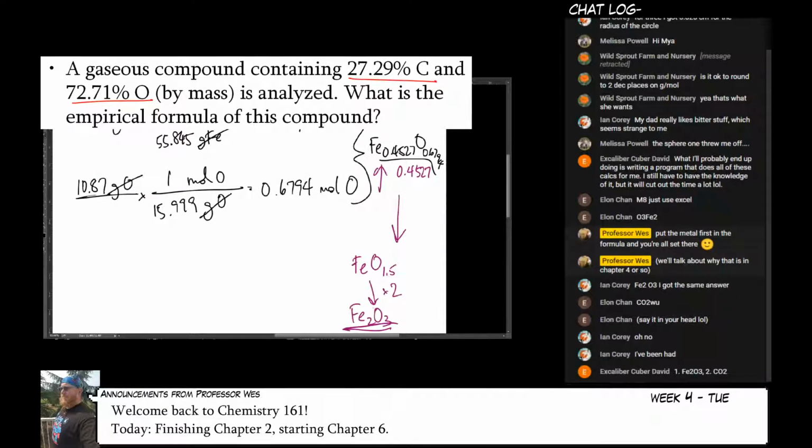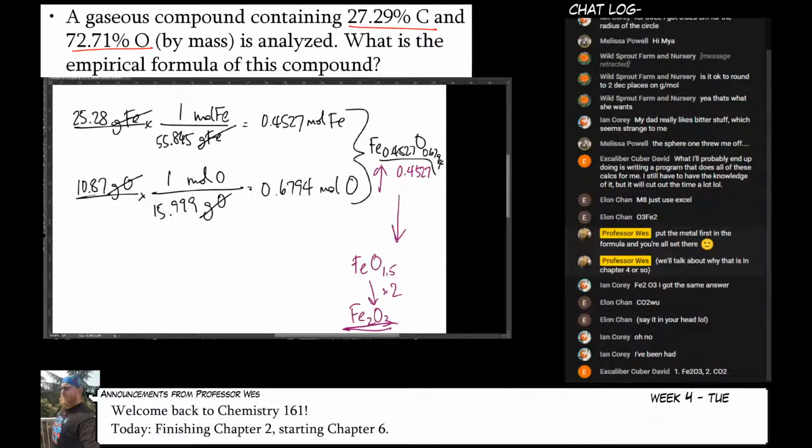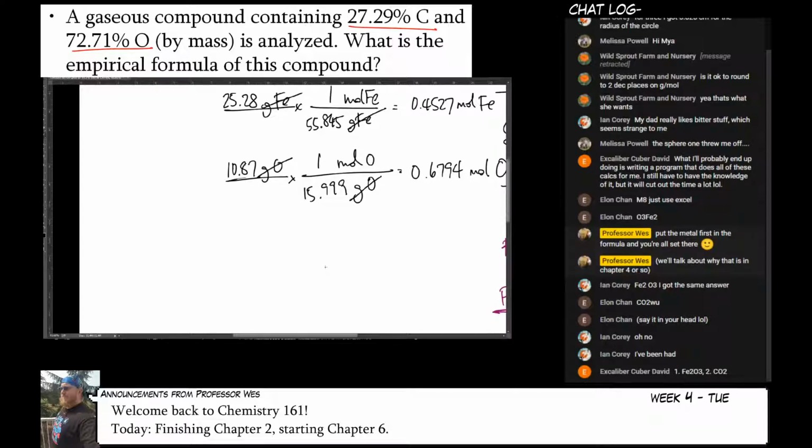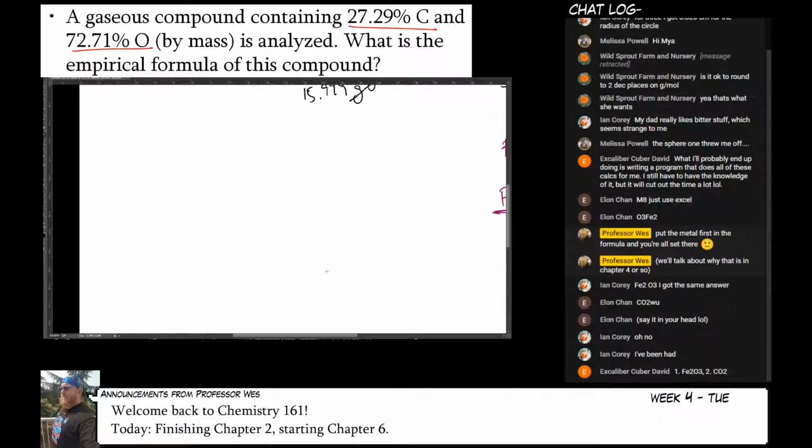All right, I don't need the hint because we're going to solve this in exactly the same way. I'm actually going to move this over a little bit, though. So, again, if you're given a mass percentage, just turn it into a mass. And then you can do the empirical formula process.